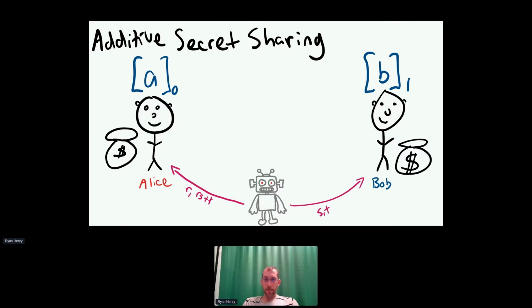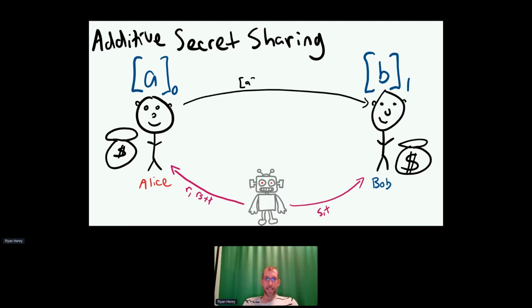And then Bob is learning the S value that he knew previously, plus the t that was used to prevent Alice from learning R times S. So neither one of them has learned anything useful that they didn't know before, or at least they're not learning any information they didn't know before. They actually are learning something that will prove to be useful.